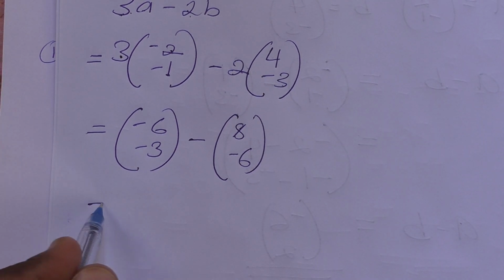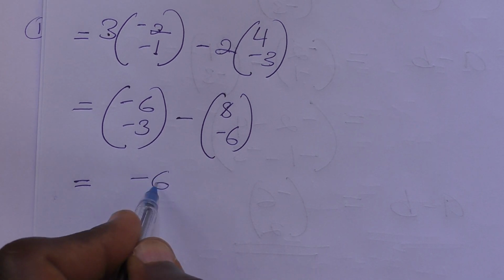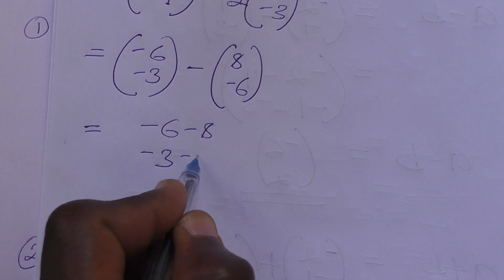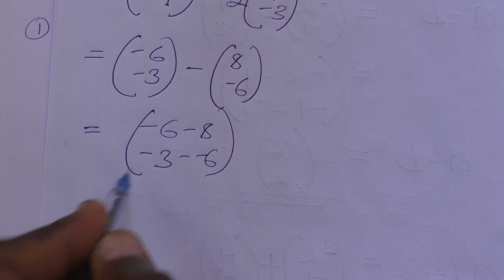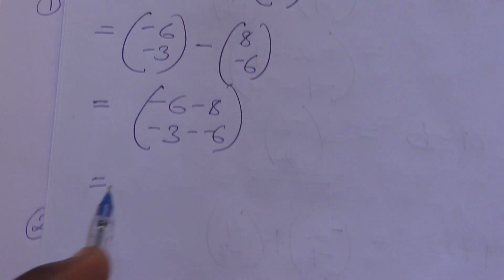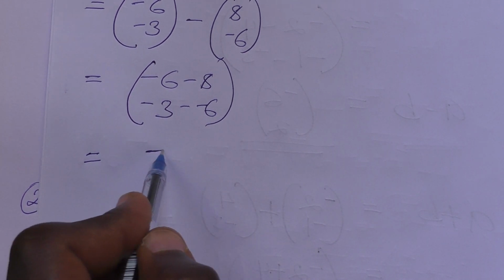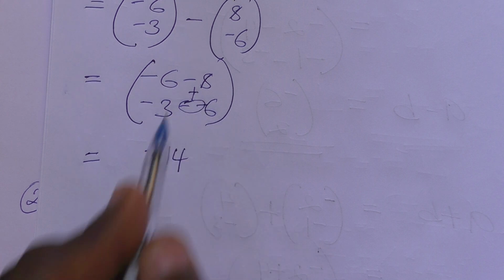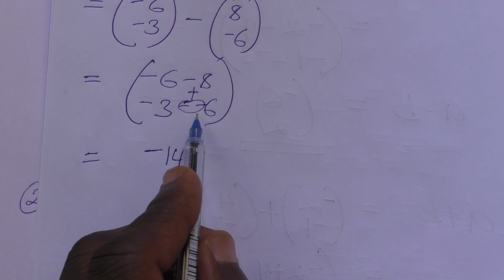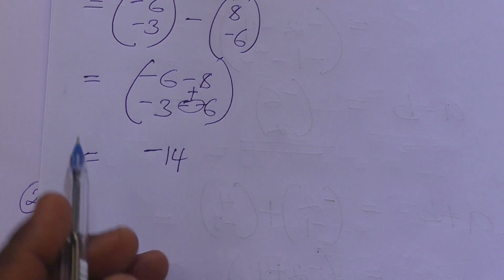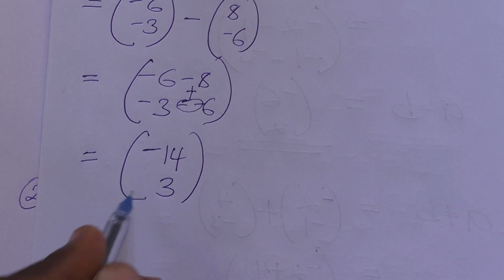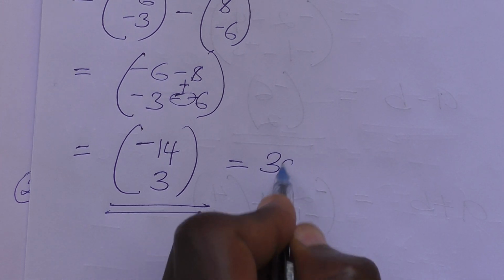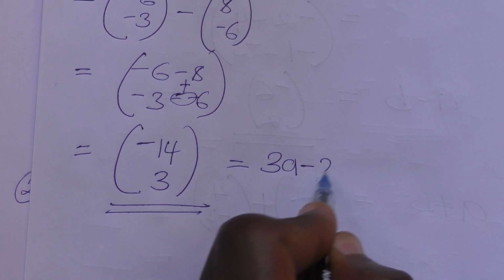So that gives us negative 6 minus 8, and then negative 3 minus 6, which will give us negative 14, and then negative and negative gives us a positive, which reduces the 6 to a positive 3. So that is how we work out 3a minus 2b.